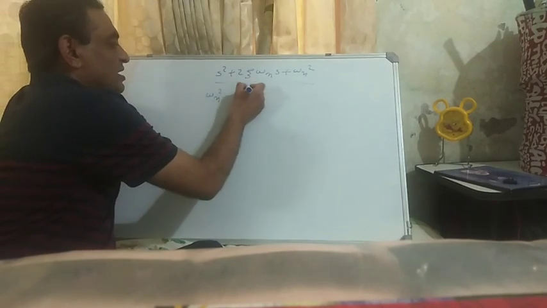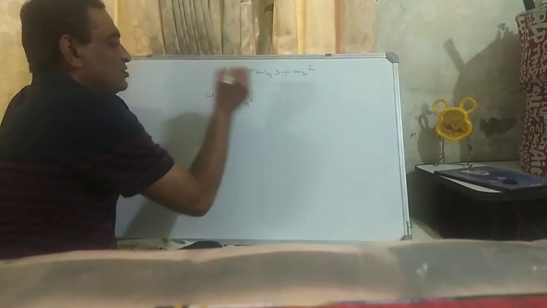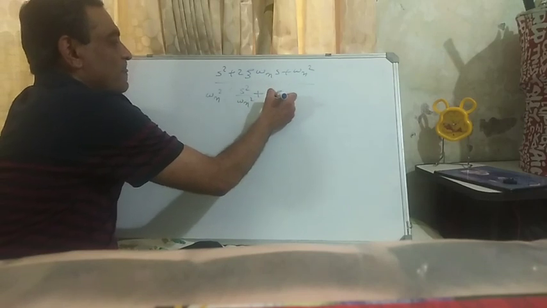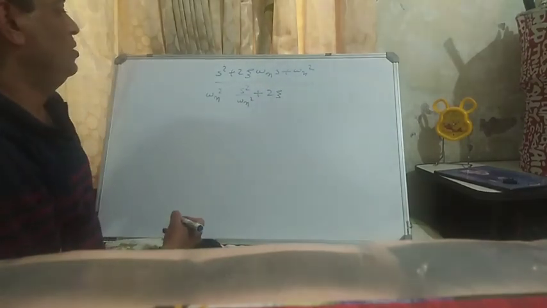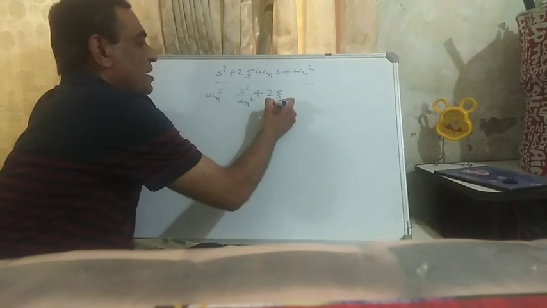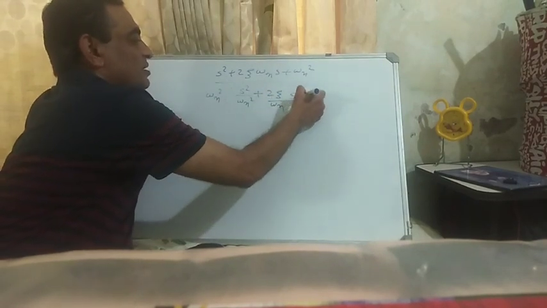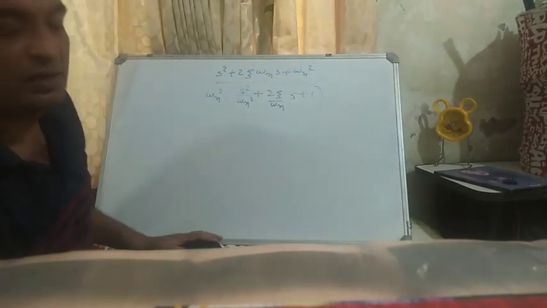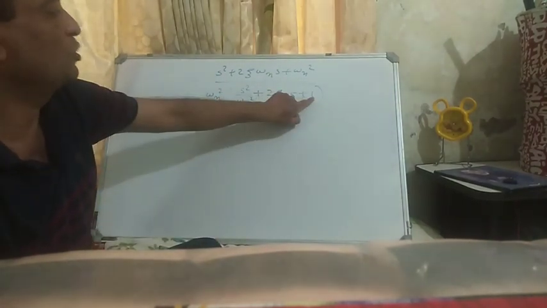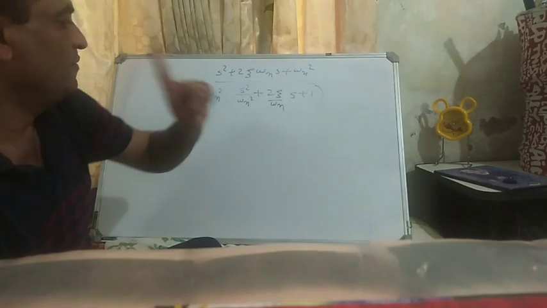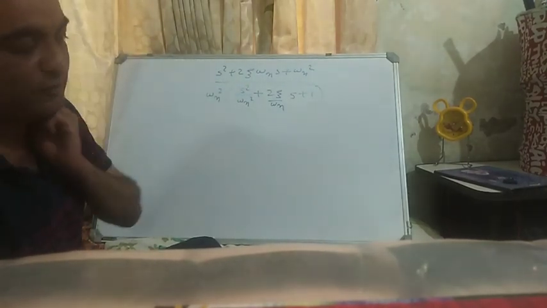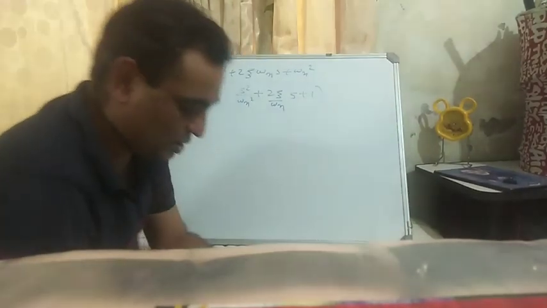So this is s square by omega n square plus 2 xi by omega n s plus 1. This is how it can be converted into a time constant form. You need to have the coefficient of s raised to 0 to be 1. This is how a second order term is converted into a time constant form.